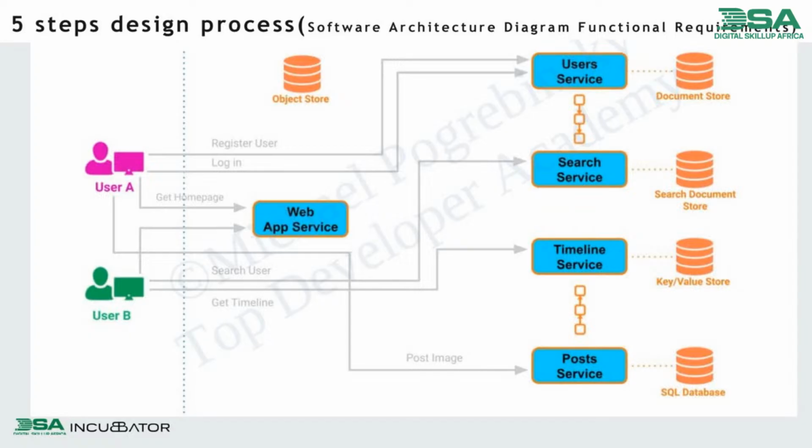Now, we have successfully completed our software architecture diagram, which fulfills all the functional requirements and maps every API call to a path within our system, like we have done in the previous slide. In particular, we have placed the profile image and the post image in an object store, which is a much better type of storage solution for this type of data.